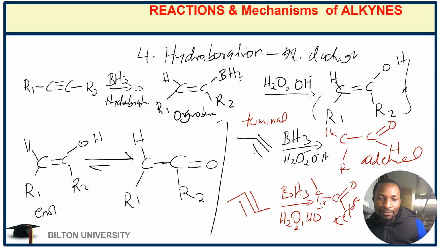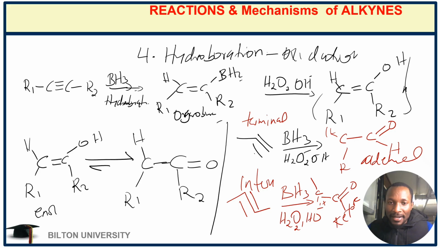So if you are given a question and you are told to give the products of the following, you can be tested with the same type of reagents, and you can be tested to know if you understand whether you are working with a terminal or internal alkyne. This is internal. So you must be able to understand the product that you are going to have.